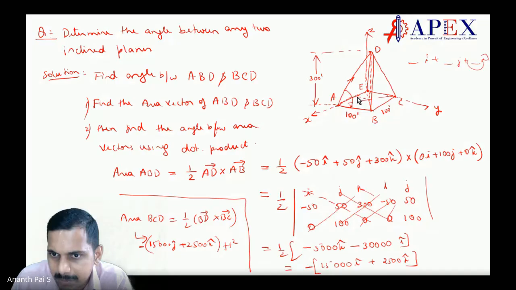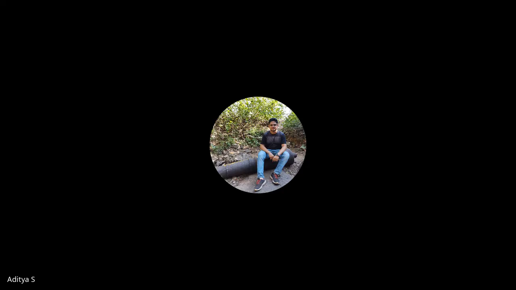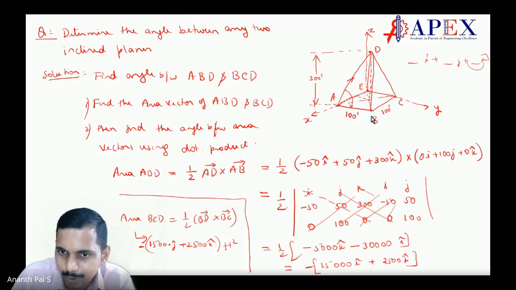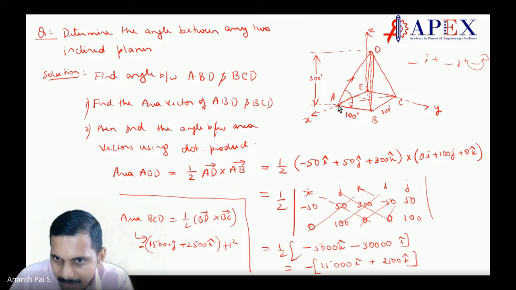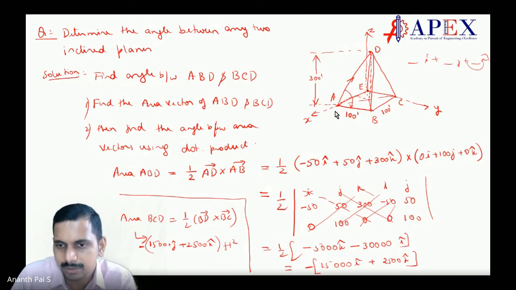From this point, we have to go to the middle of the base. How much should I go? Along the Y direction, I have to go plus 50. Then to reach D, plus 300. So to go from A to D, I can go only in perpendicular directions. It is not polar coordinates where you say some theta, some alpha, and go in that direction.